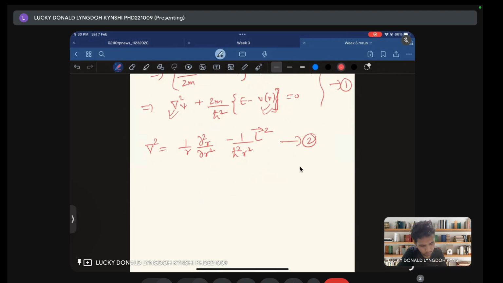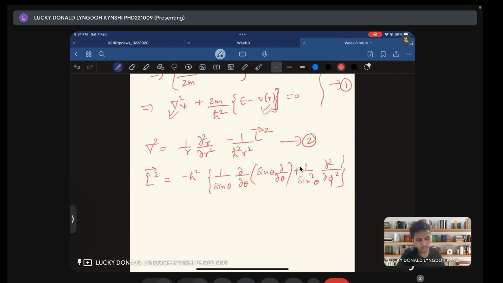Now L square is equal to minus h cross square [1 by sine theta del by del theta (sine theta del by del theta) plus 1 by sine square theta del square by del phi square].